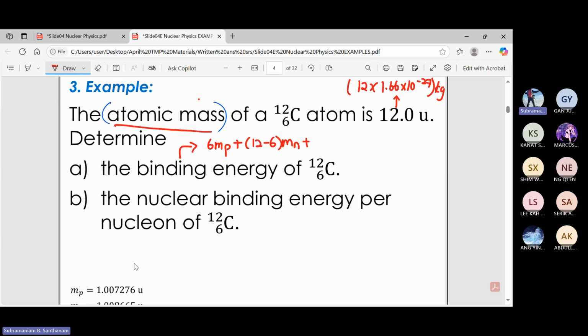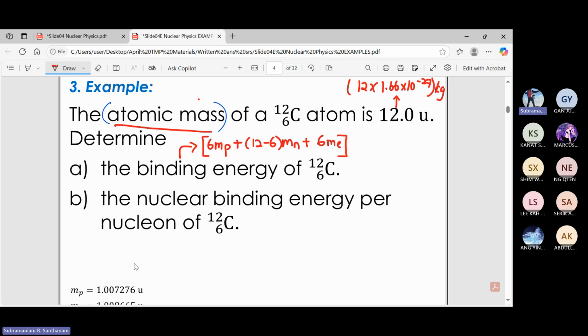How many electrons are there? 6 also, because you have 6 protons, so the electrons have to be 6, because this is neutral. So 6 times the mass of the electron. This will find the total mass of the proton, neutron and electron separately.